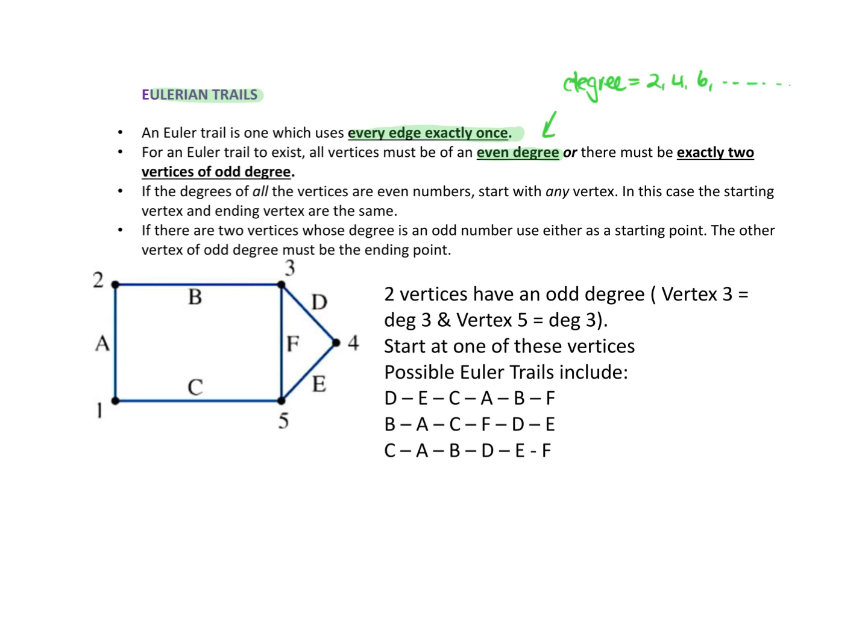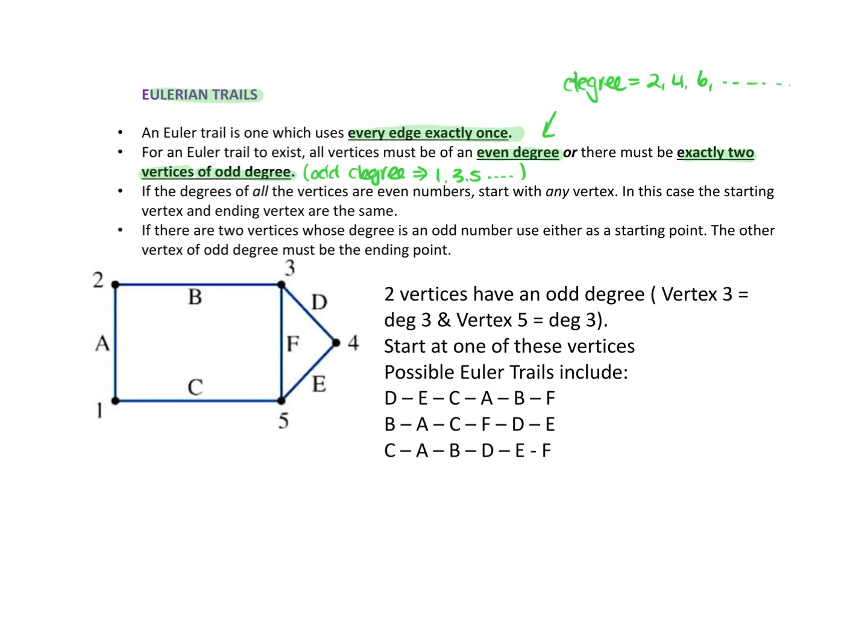And there must be either all of them even, or exactly only 2 odd and the rest even. If you want to remind yourself, odd degrees are the odd numbers, something like 1, 3, 5, etc.